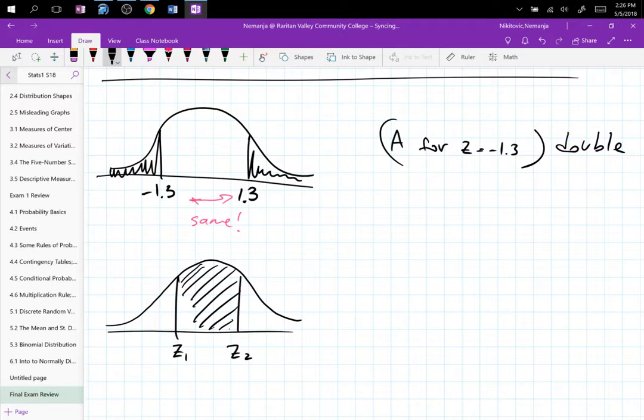And then you don't multiply it by 2, because it's only one piece. Over here you're doubling because it's 2 pieces. Over here it's just what it is. So for this one, Z1 will give rise to area 1, Z2 will give rise to area 2. And then to find the overall area, you go area 2 minus area 1.